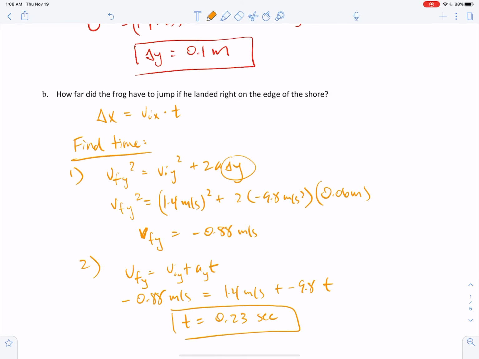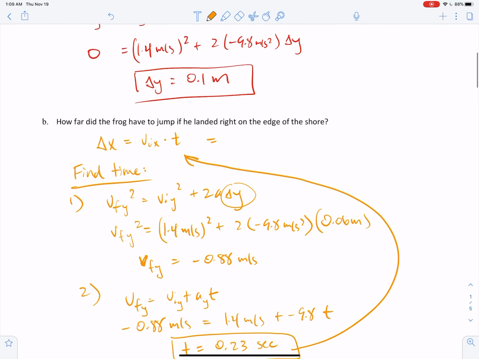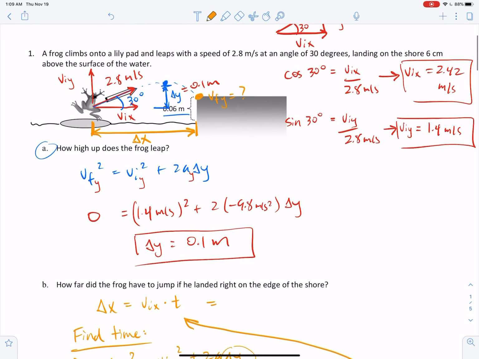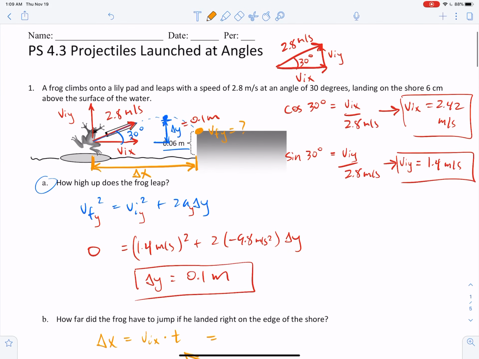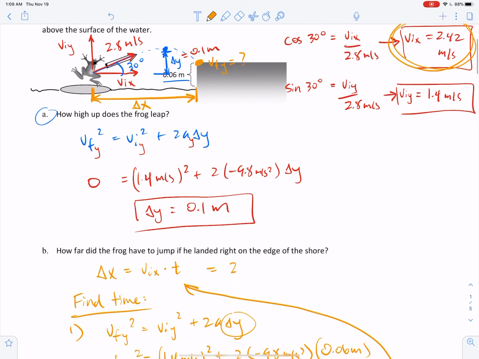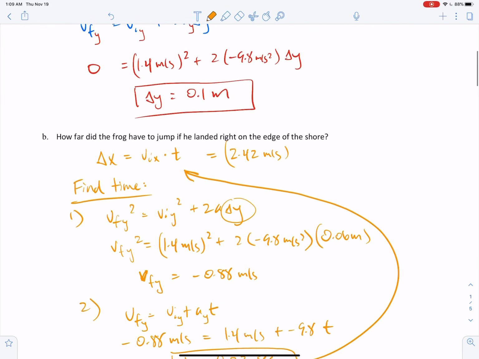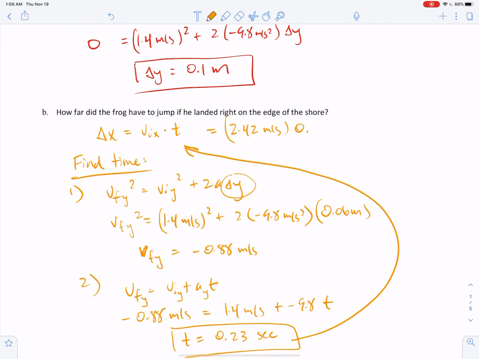Okay, now that I know the time, I can just plug that in here and finish out my problem. So now the initial horizontal velocity I got over here, 2.42 meters per second. So it's going to travel at 2.42 meters per second for 0.23 seconds.